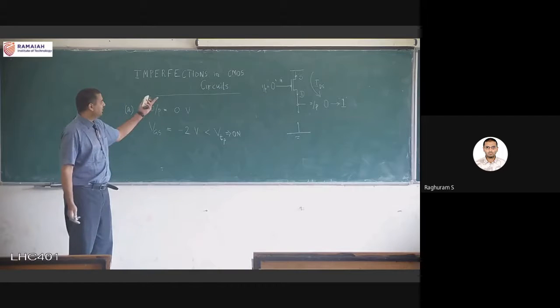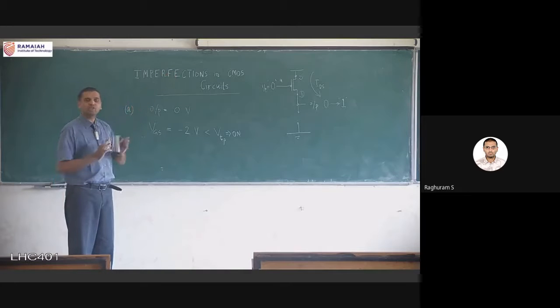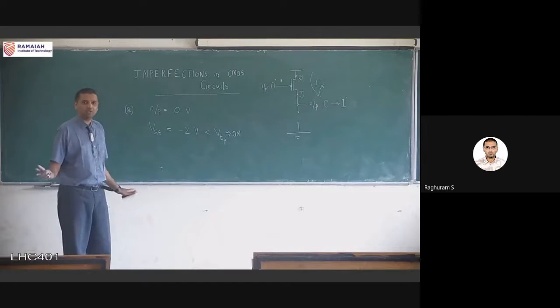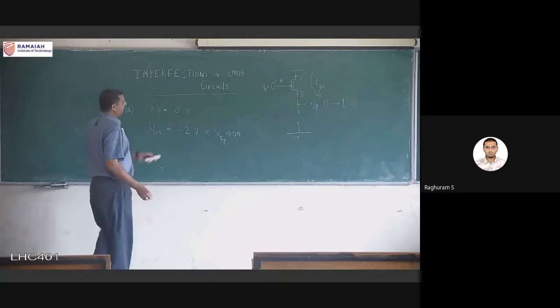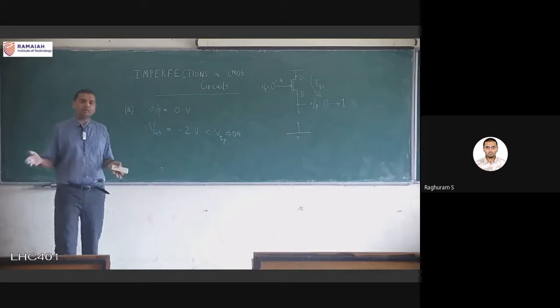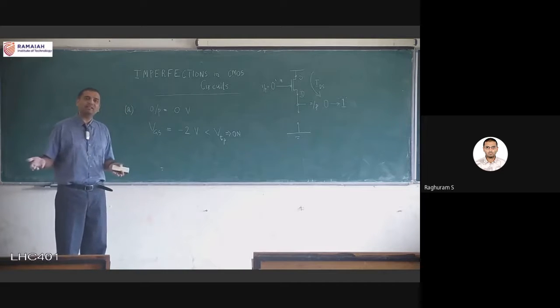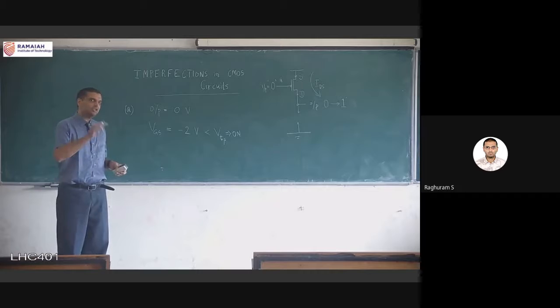Gate I am giving 0 volts, source is permanently connected to 2 volts. So VGS does not change for the analysis at all, and that is part of the solution also. Every time the drain voltage is changing, it doesn't come anywhere into our VGS lesser than VT equation. So whatever the value of the drain voltage, the VGS is always lesser than VT.